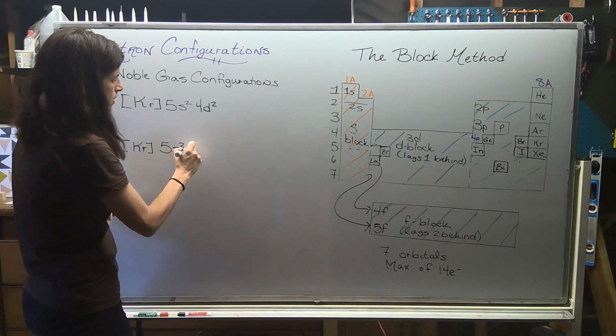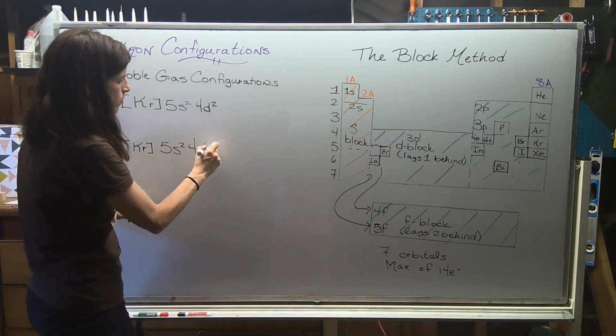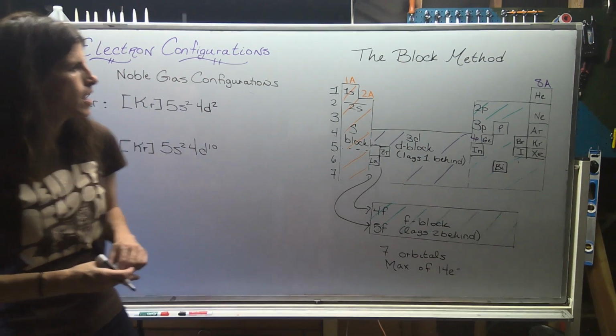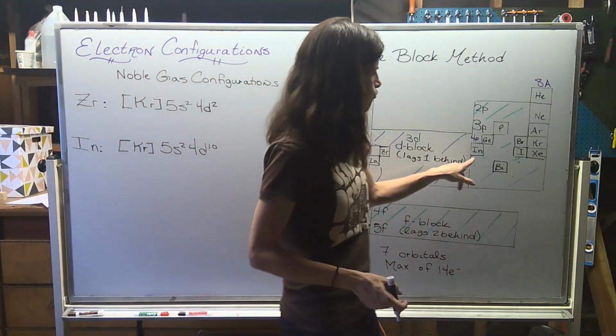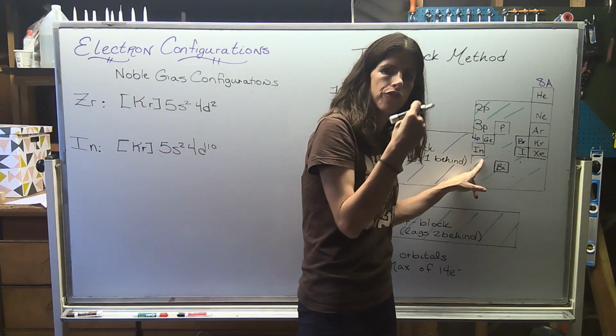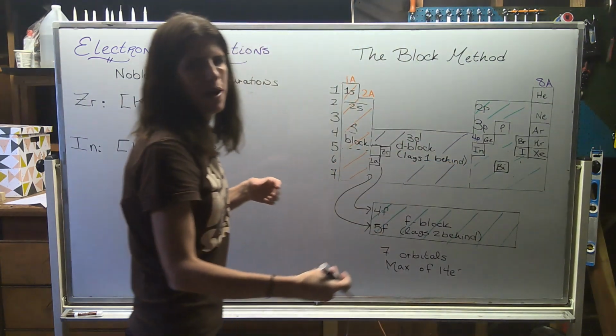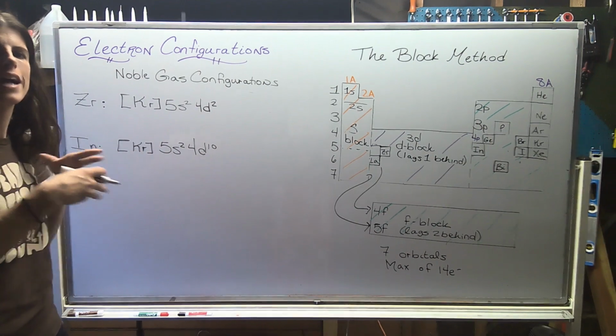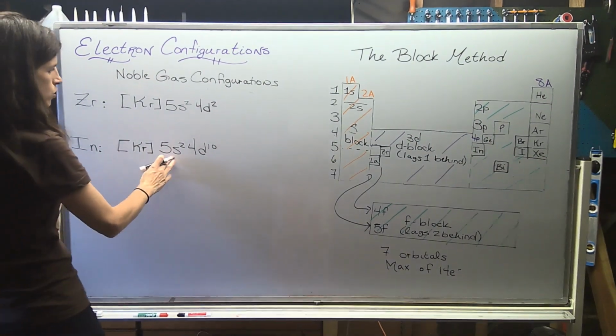We'll fill it up completely. D's are one behind. We're in the 5th row, but we're going to do 4d10. And then the indium is right at the start of the P block. So the D block has the 4 out front, but when you get back to the P's, you're back in line with your row number. So I'm going to do 5p1.